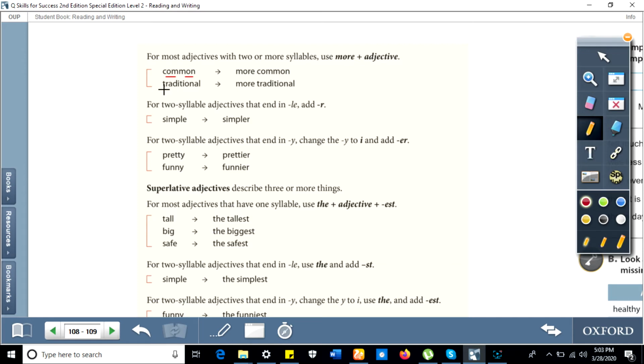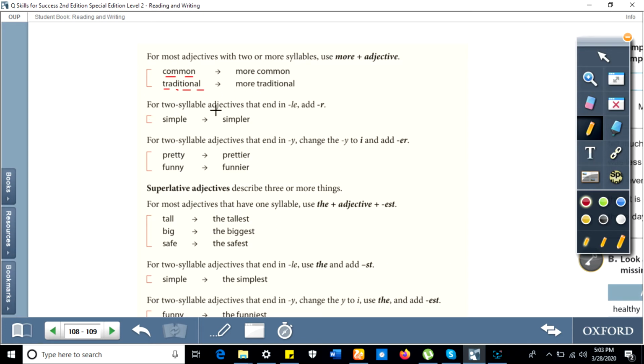Here we have "traditional": 1, 2, 3, 4, four syllables, so "more traditional", right?